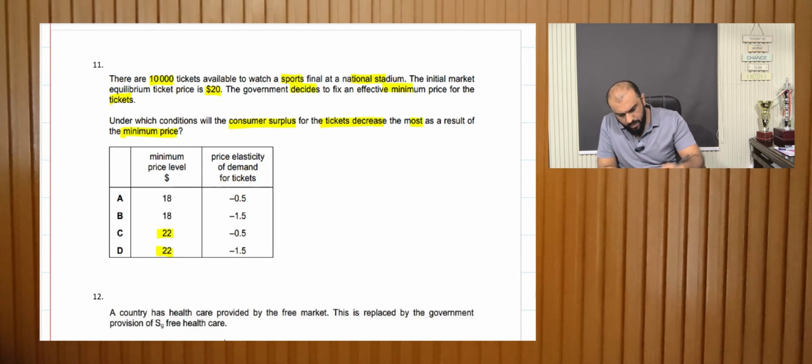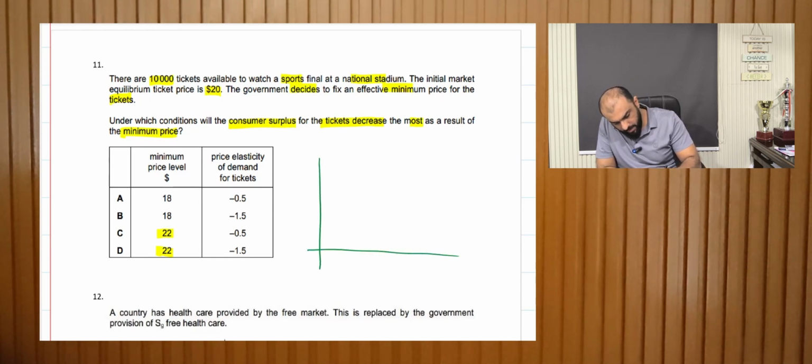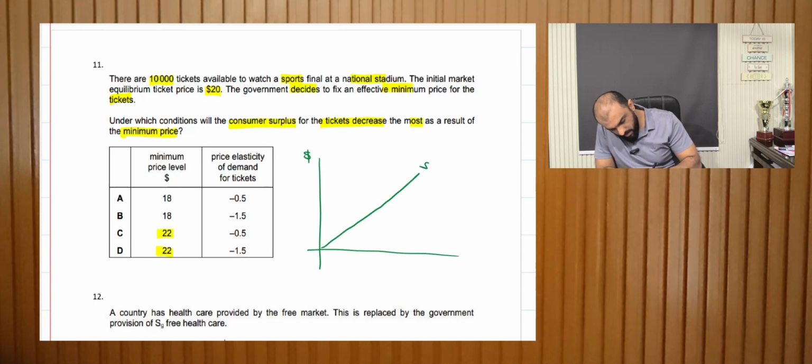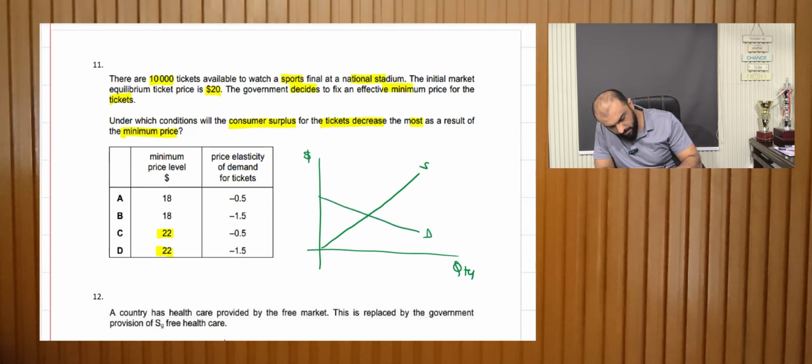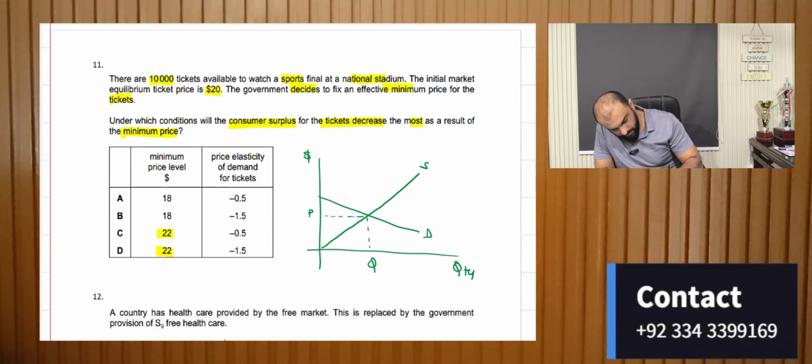Now let's look at a concept for elasticities. Let's say this is my normal supply curve, dollar quantity. And let's say that this is my demand curve, which is basically elastic, right?